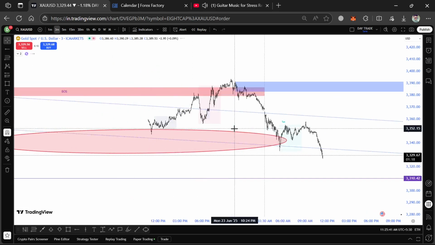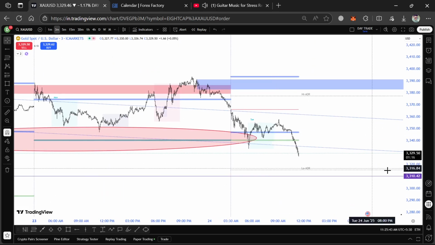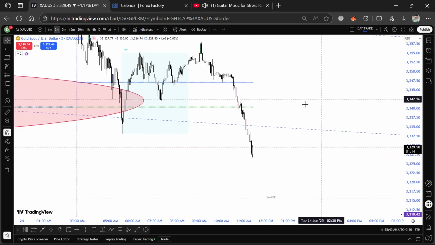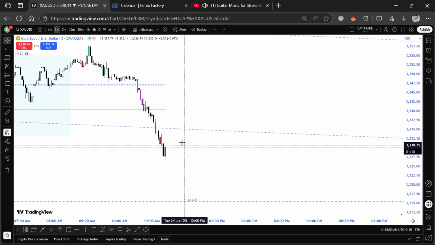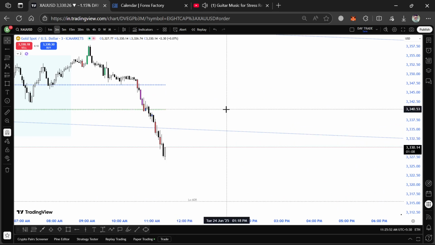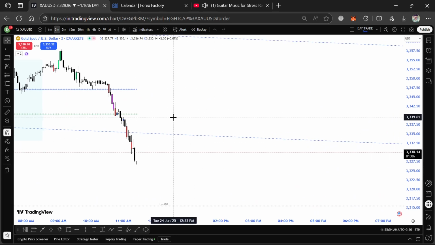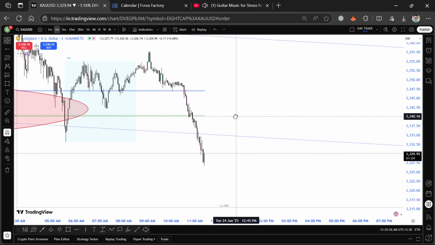Okay, so let's go to a little lower time frame and see what kind of price action we are looking at the moment. Still no breakout structure or sign of the market reversing. So I'll advise all of you to wait, and my bias is for the buy side.